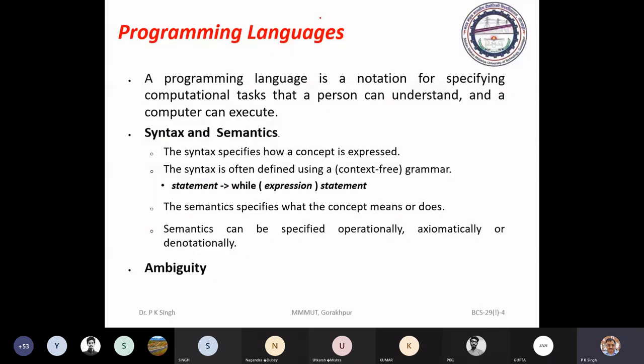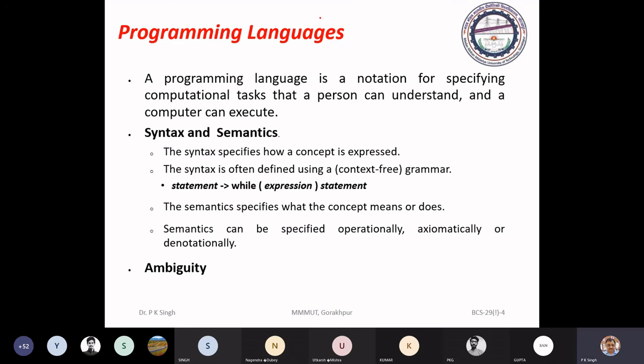So he lives in White House. This sentence is an ambiguous sentence because you are able to develop two or more meanings.